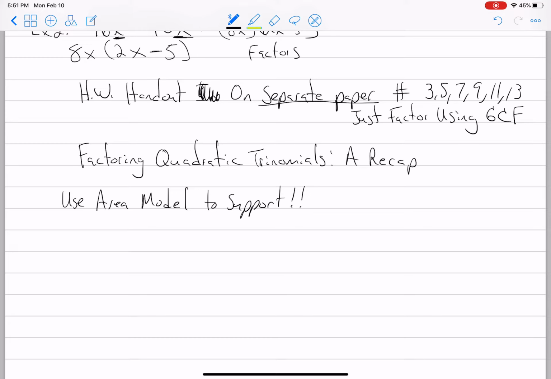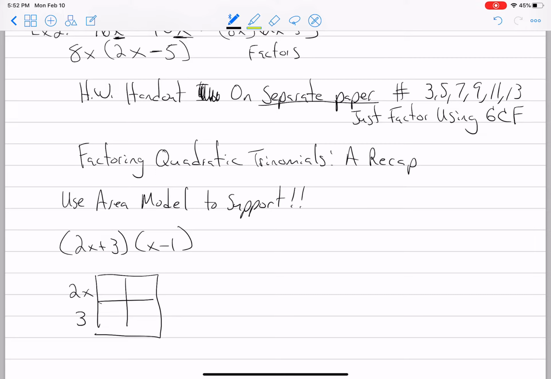So let's start here. What if I asked you, use the area model to multiply 2x plus 3 times x minus 1. Use the area model, draw the boxes, and multiply those right here. You should do it before me, but 2x plus 3, 1x minus 1, 2x squared. This makes negative 2x. This makes 3x, and this makes minus 3.